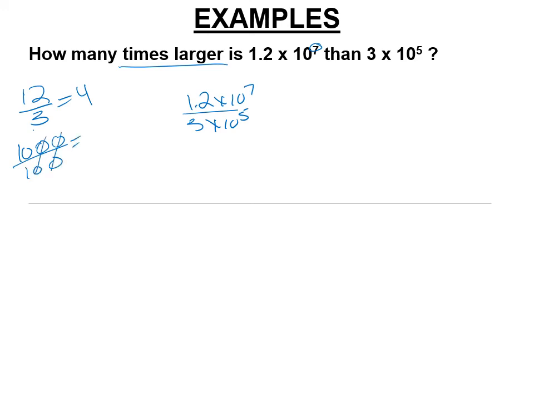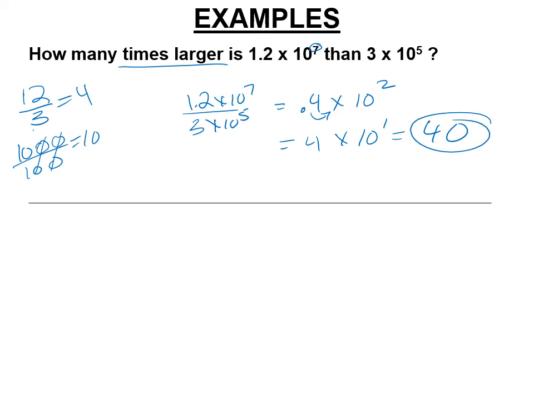Well, it's 10 times larger. So here we have 1.2 times 10 to the 7th over 3 times 10 to the 5th. Well, 12 divided by 3 is 4, so this is 0.4 times 10 squared, right? You're not allowed to leave it that way, so we're going to make it 4 times 10 to the first. Well, that's 40, right? It doesn't say scientific notation, so either would be good.